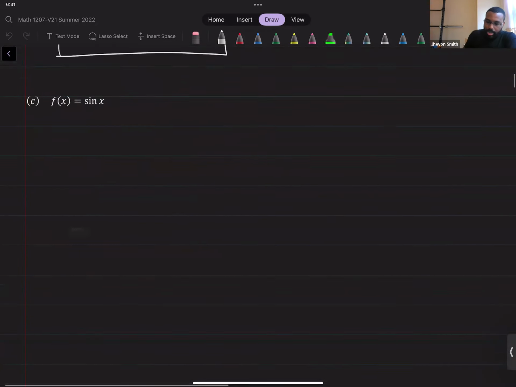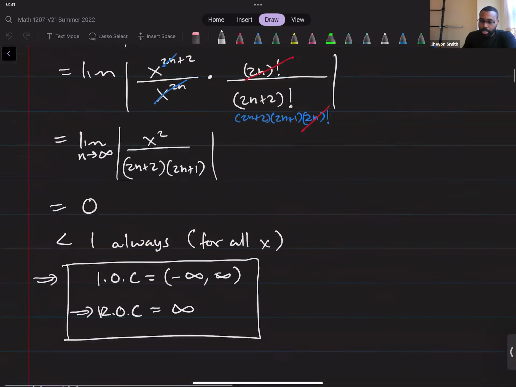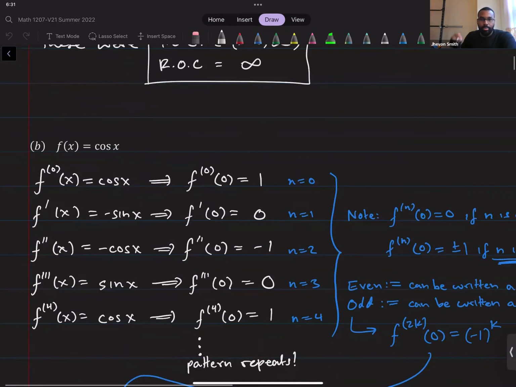Now the sine, I'm actually going to skip that because it's super similar to the cosine, right? You're going to have sine, the zero derivative, plug in zero, you're going to get 0. Then the derivative of sine is cosine, so you're going to get a 1. And then this pattern is going to happen: 1, 0, -1, 0, 1, 0, -1, 0, 1, 0. The same thing is going to happen, it's just shifted down 1. What happens on the evens for cosine will happen on the odds for sine.